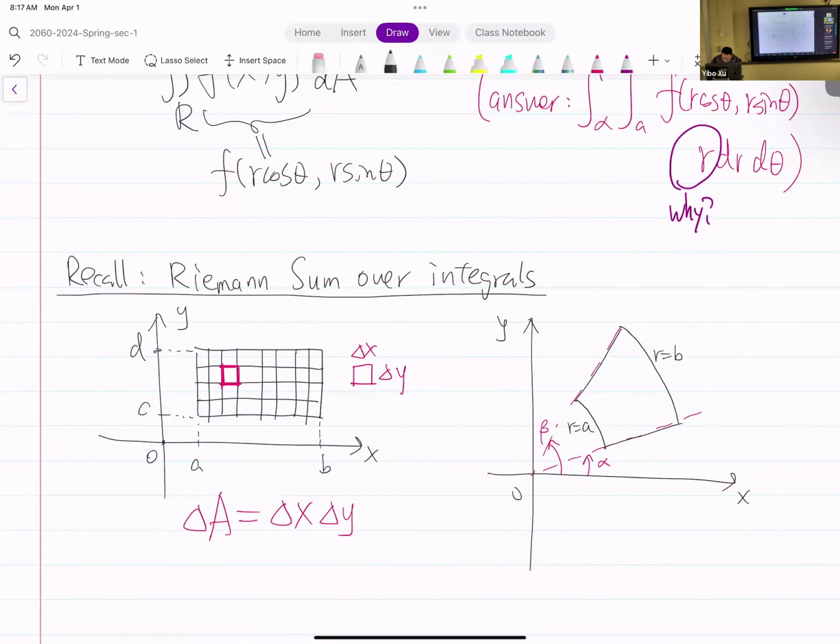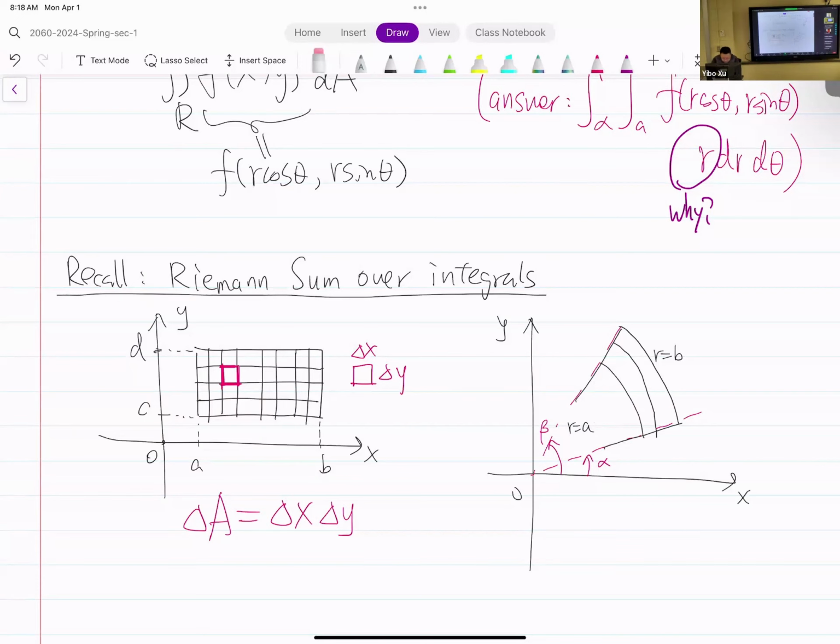We can just draw these arcs that are circular, so they have specific different radii. And then we also subdivide the theta angle from alpha to beta, this interval, into equal pieces. Let's say 3 pieces.